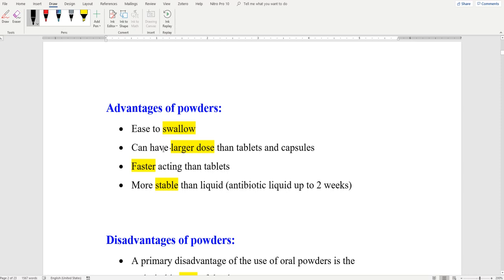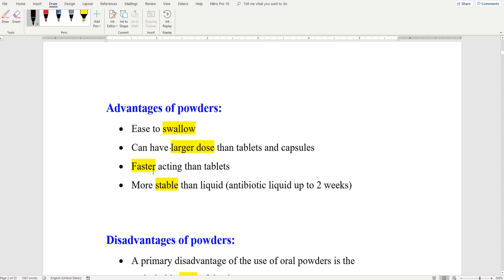Another thing which is also important is in terms of action. When I say action, it means giving the effect. Which is faster? Is it the powders or the tablets? Of course, powders will usually have faster action than tablets. Who knows what is the reason?